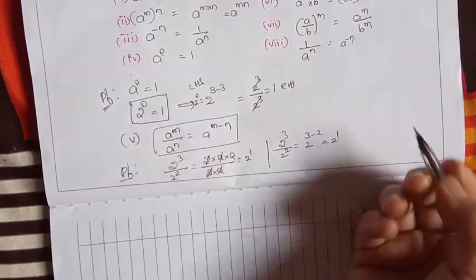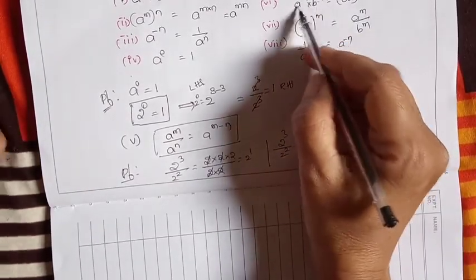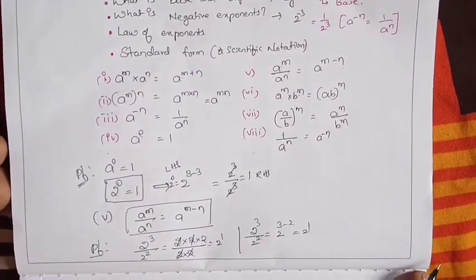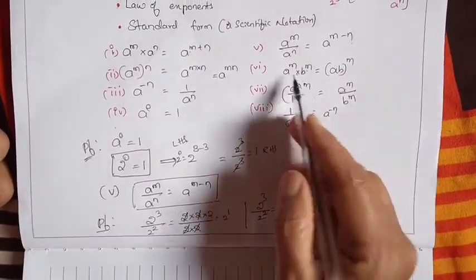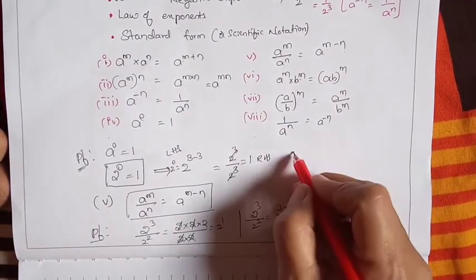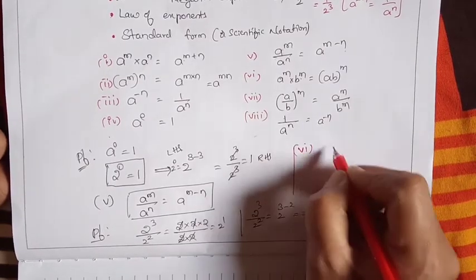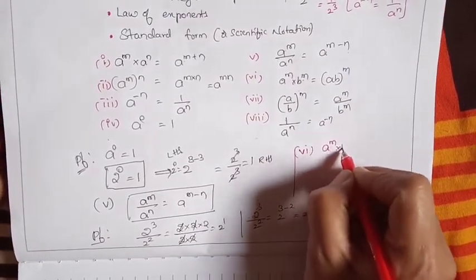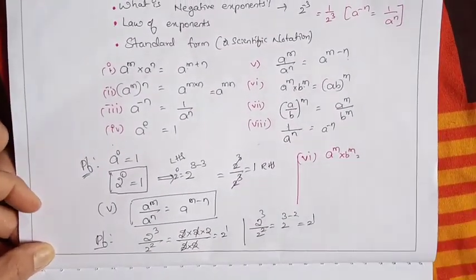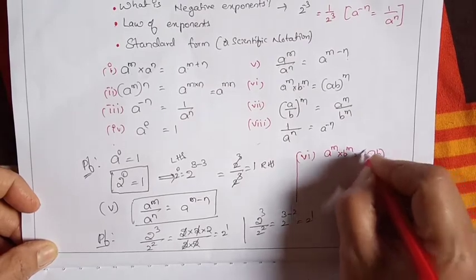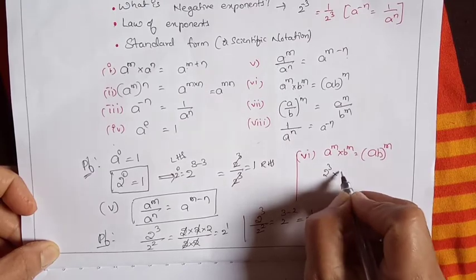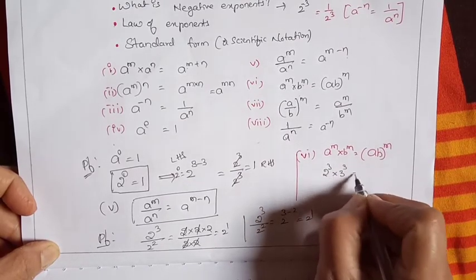Now for the sixth formula, I will explain the proof: a to the power m into b to the power m, which is ab whole to the power m. Suppose 2 cube into 3 cube.